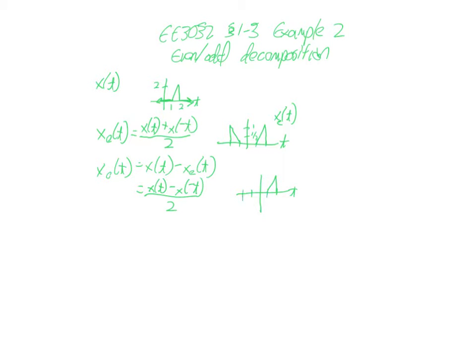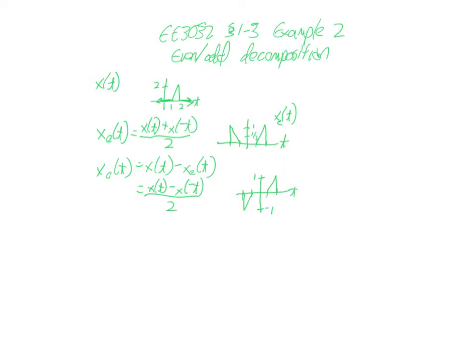So I take these positive values and I'm going to make them negative values here, from time -1 to time -2. And the formula says divide the original height of 2 in half. So again, this is a maximum of 1, and that goes down to a minimum of -1.